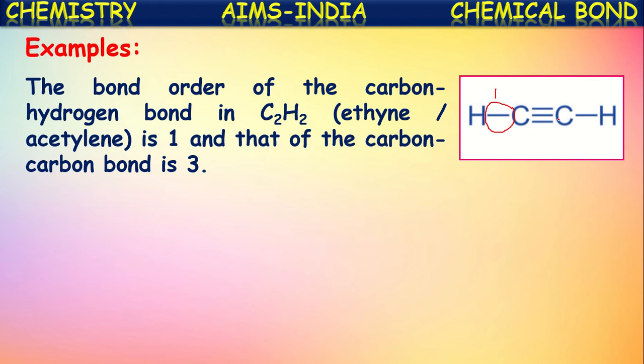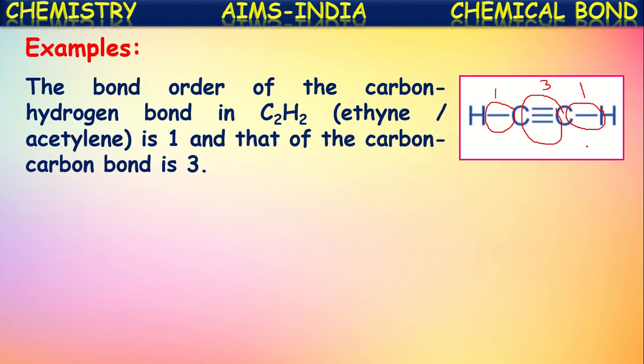Whereas the carbon-carbon bond order is 3 because between the two carbon atoms we have sharing of 3 pairs of electrons, and hence the bond order here is 3. Again here the carbon-hydrogen bond order is 1 because there is sharing of only one pair of electrons. Okay, based upon the number of pairs of electrons shared between two atoms, bond order can be decided.